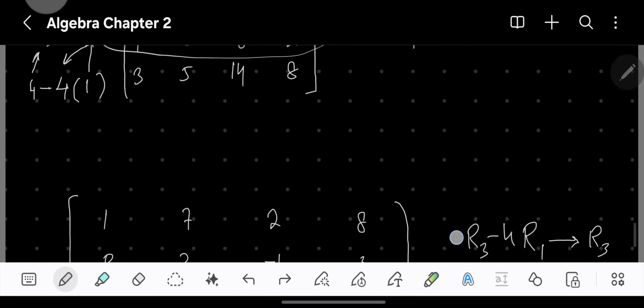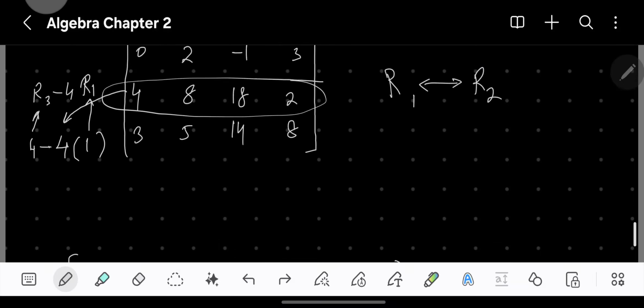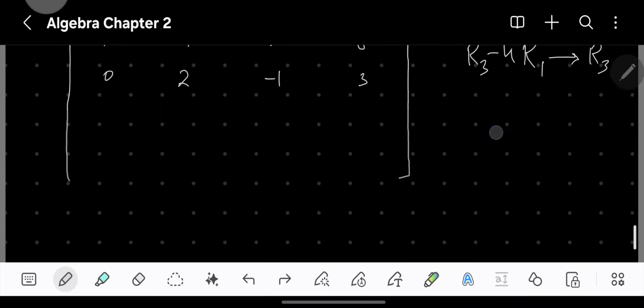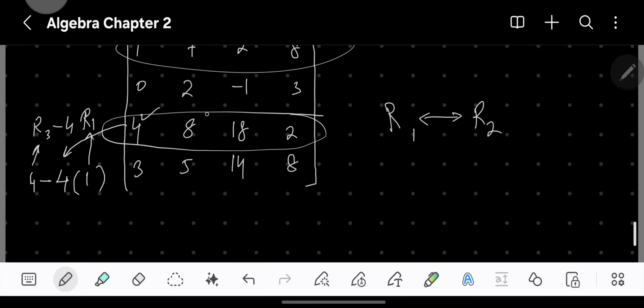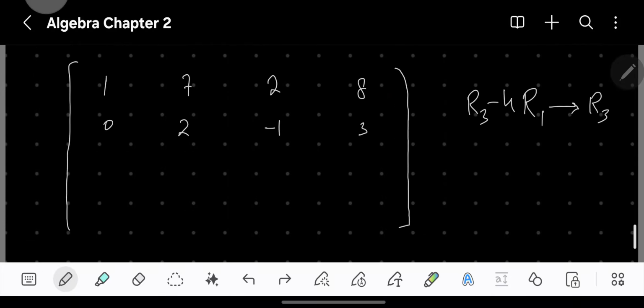These changes will be done in R3. So what does that mean? First I will write R3. What is R3? 4, 8, 18, 2. So I will write 4, 8, 18, 2. Then minus 4 everywhere, then R1.